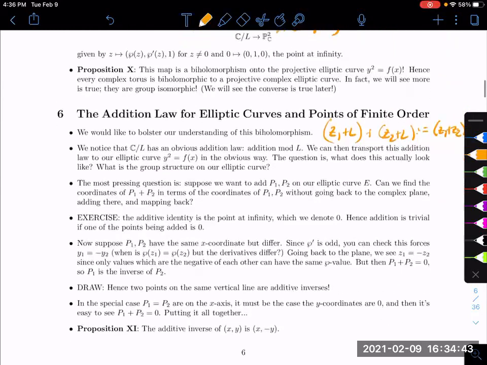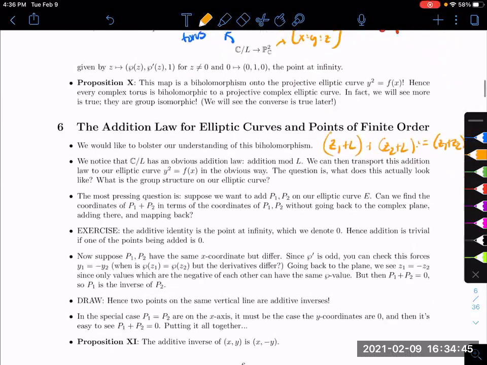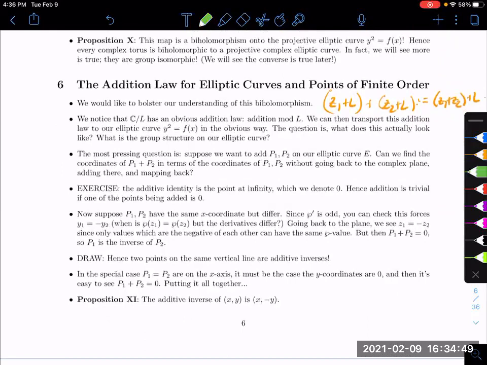Well, let's say I have 2 points on my elliptic curve. Let's call them P1, P2. Those come from 2 points in my torus, Z1 and Z2, let's say. Now, what does it mean that they come from Z1 and Z2?